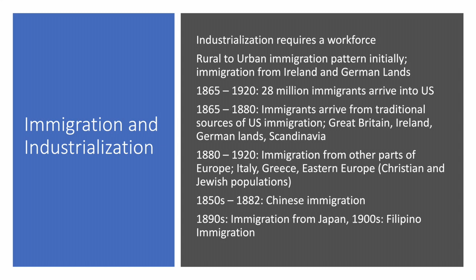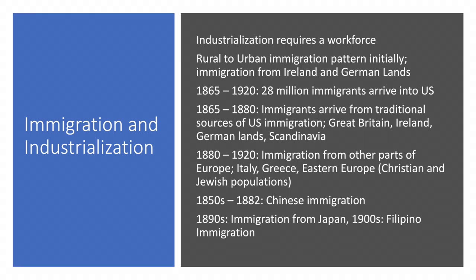Now, of these immigrants, the vast majority of them were from these quote-unquote traditional sources of U.S. immigration. The vast majority of them were able to quote-unquote assimilate or integrate themselves into American life relatively easily. Why? They were understood to be white.